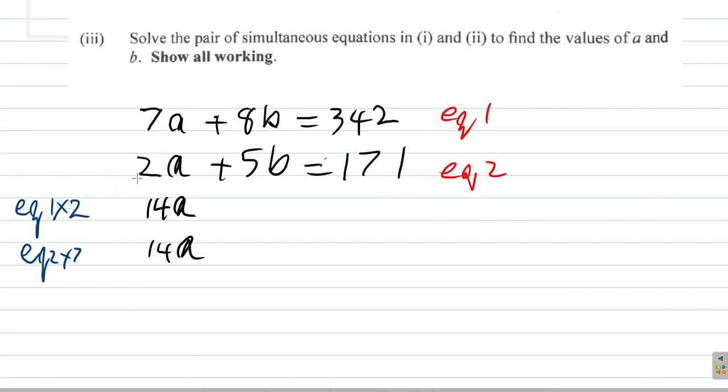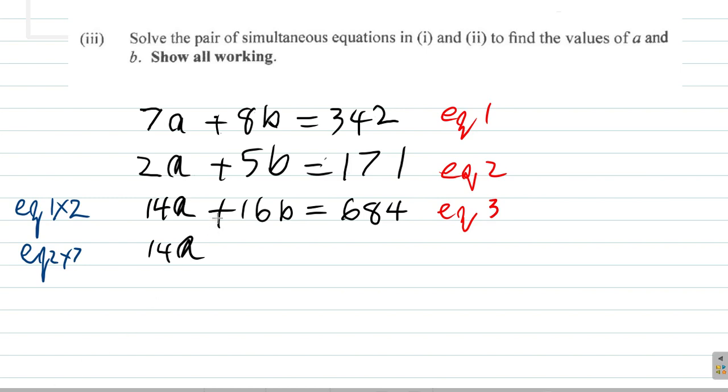Equation 1 by 2. It means 2 times 7 gives 14a plus 2 times 8 gives 16b equal 2 times 342, which is 684. That is a new equation, we call it equation 3.